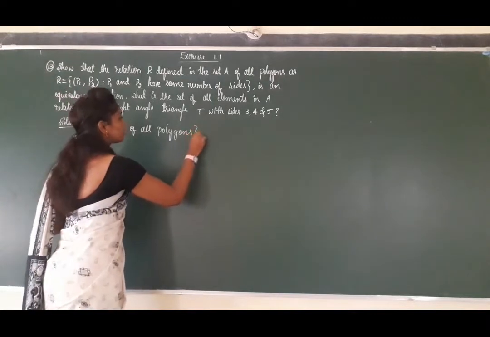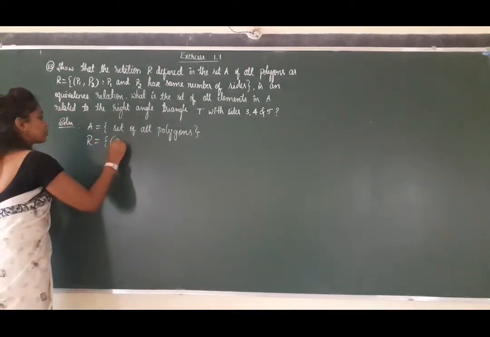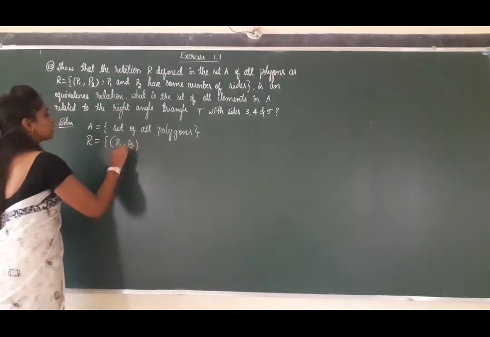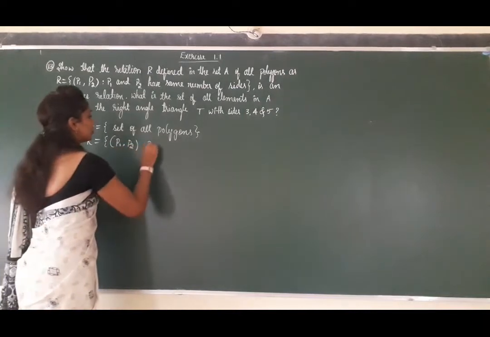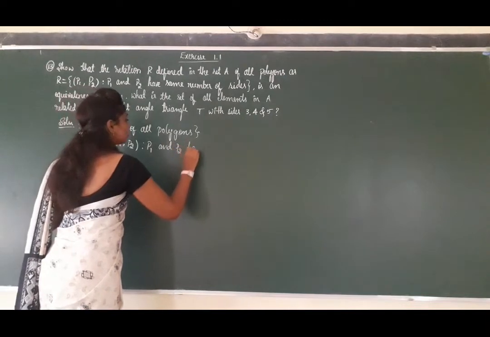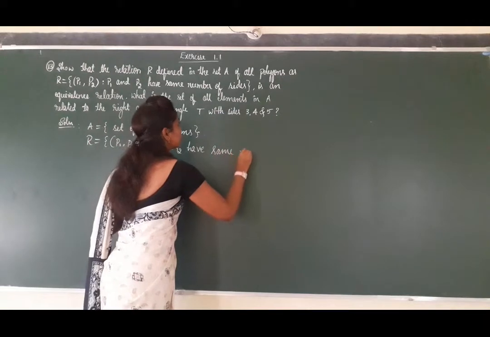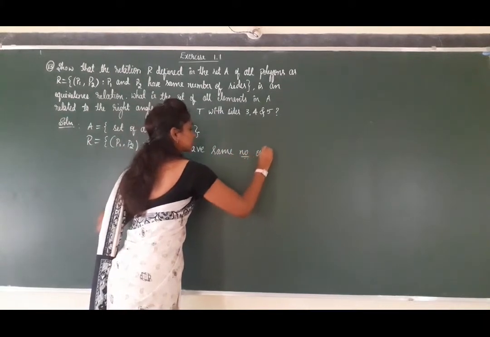Set of all polygons is set A. And the relation R is the set of ordered pairs (P1, P2), where P1 and P2 are any two polygons such that P1 and P2 have the same number of sides.